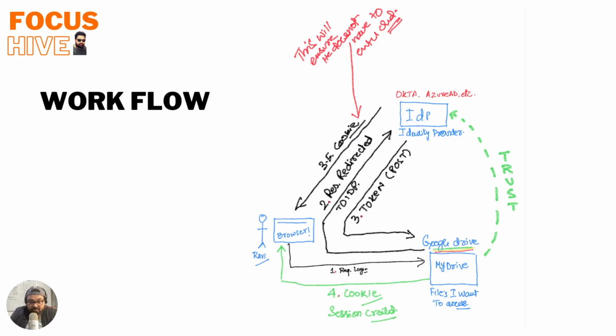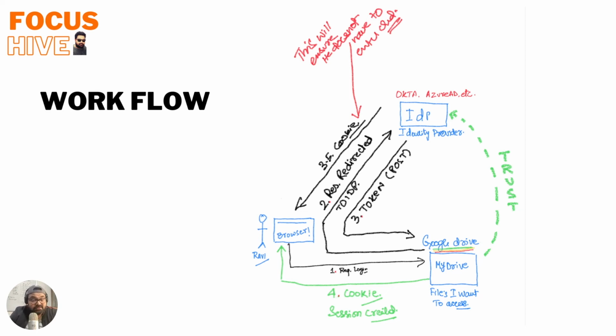We'll pause there. Now coming back to my authentication, it is done based on the token that was received at the service provider, and I get access to the data I was looking for. Now I have to access another file or maybe a different folder within my Google Drive. When I try to double click on it, will I be prompted again for username and password?